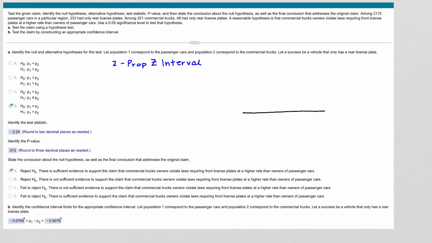Let's take a look at our distribution here, coming back to the original null and alternative hypotheses. This is a left tail test, which means that alpha, our significance level, which was 0.05, gives us 0.05 or 5% in the left-hand tail.